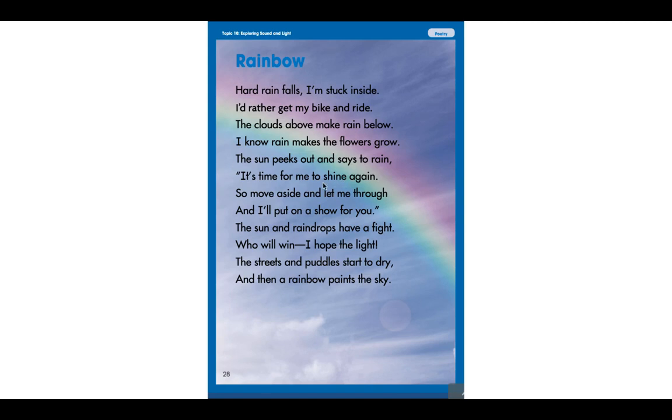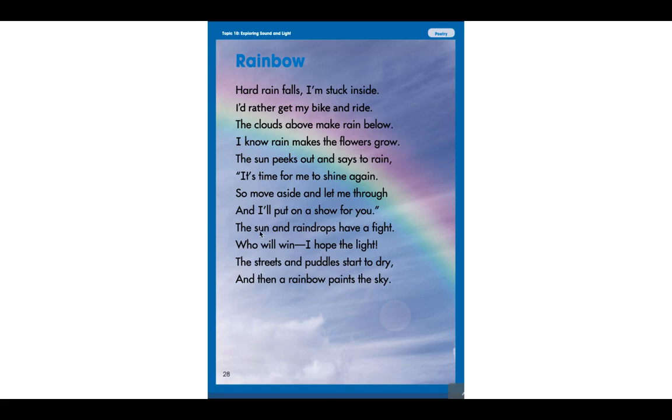I would say the word shine interests my sense of sight because that gives me an idea that the sun is shining really bright in the sky. Another phrase that appeals to my sense of sight is the clouds above make rain below, because that just helps me picture all the clouds in the sky and the rain coming from them.